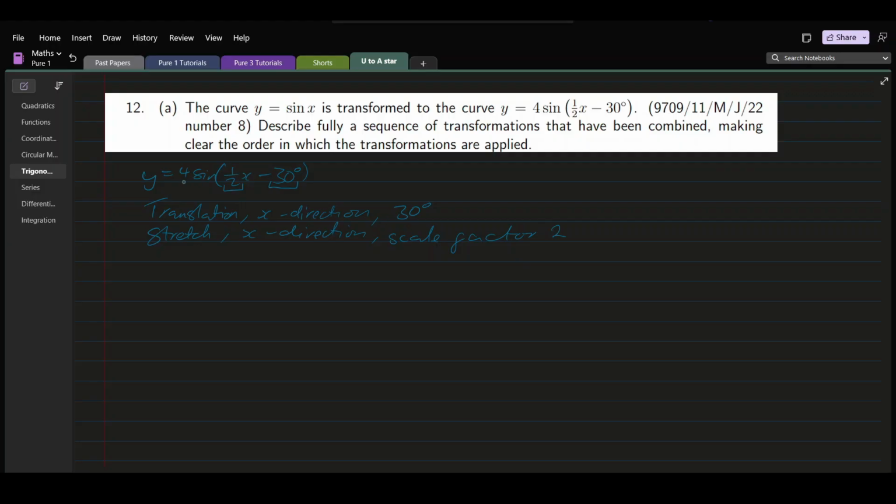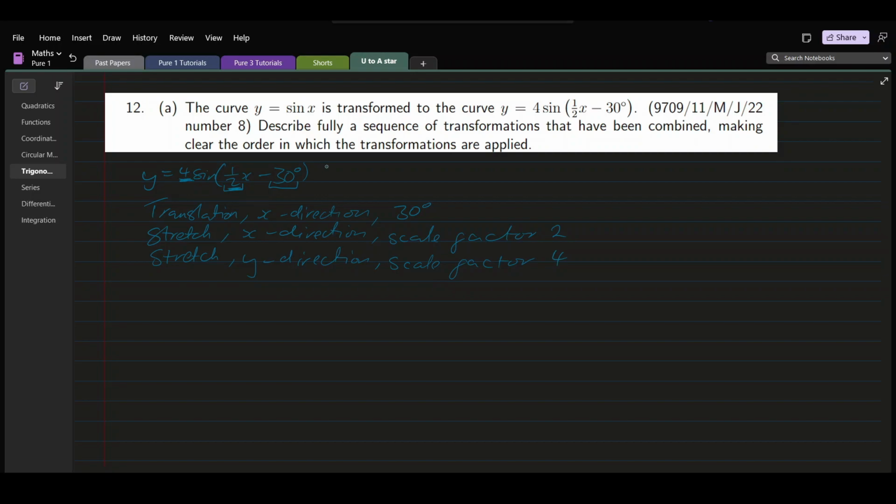And then finally we have this 4 over there, that is a stretch in the y direction by scale factor of 4. So for y, you take it exactly as it is, for x, you're going to take the reciprocal.